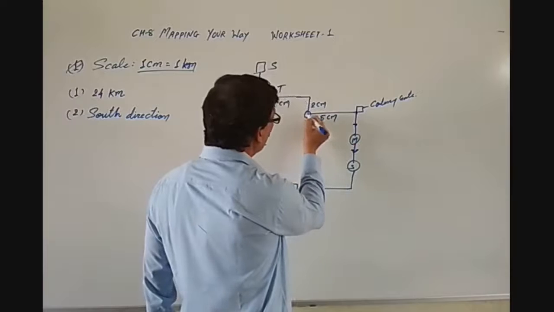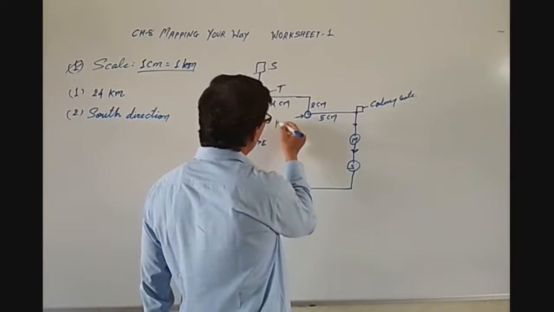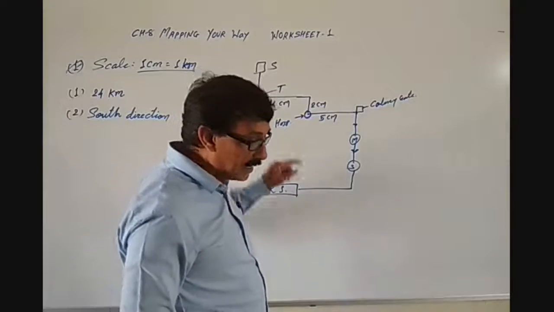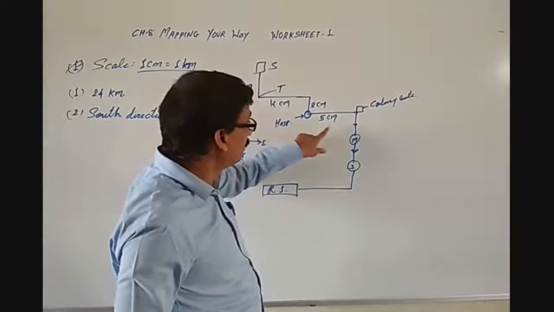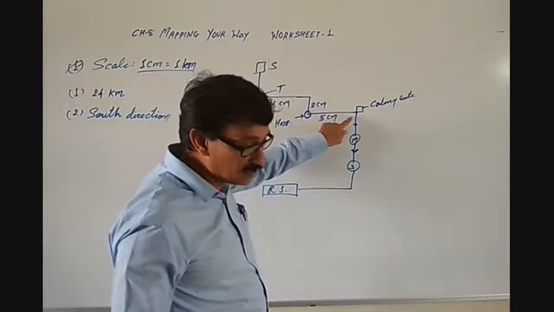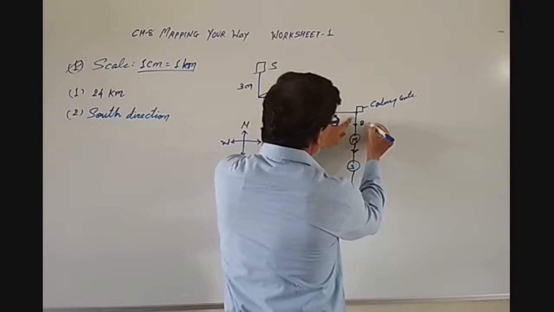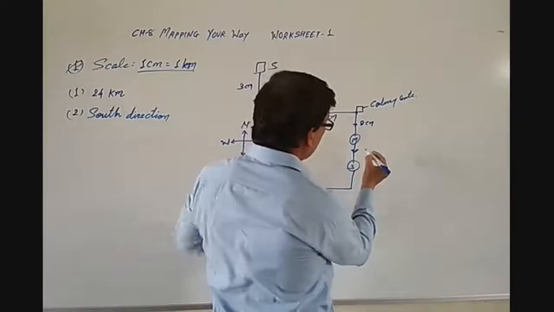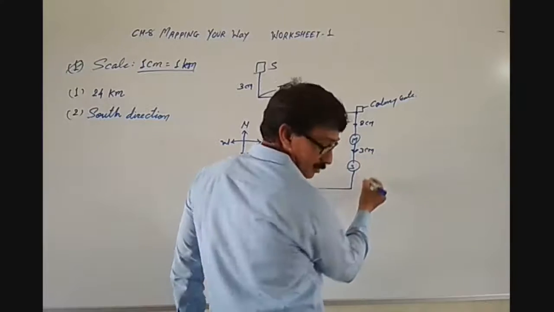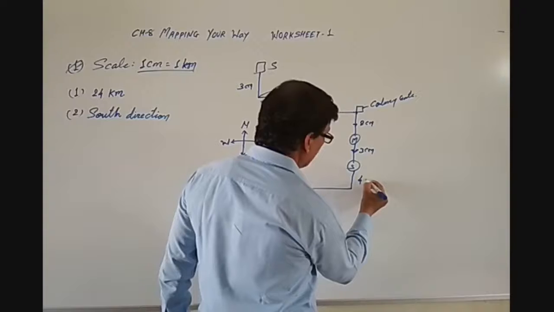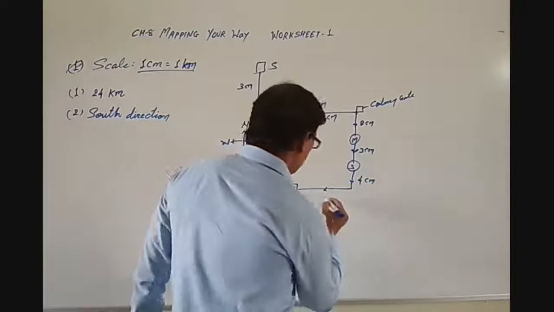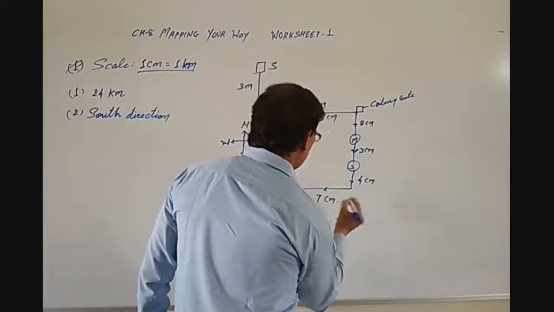Here there is a hospital, isn't it? And the Colony Gate, let's write the distance between, 2 centimeter, then after, this is 3 centimeter, this is 4 centimeter, and this is 7 centimeter.